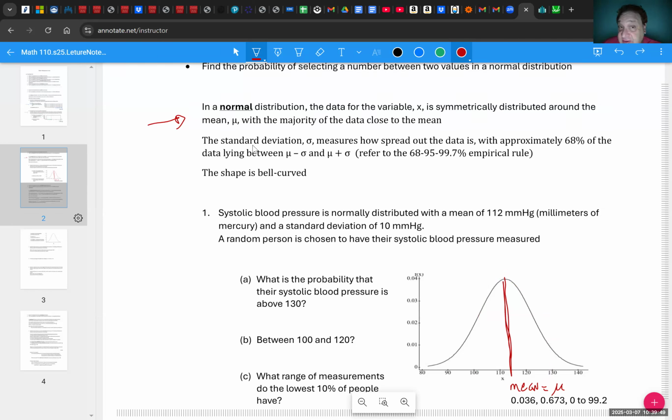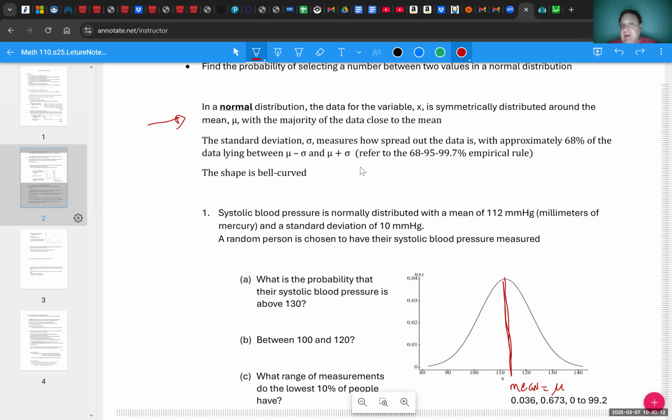The standard deviation, which is this little sigma symbol, measures how spread out the data is, with approximately 68% of the data lying between the mean minus the standard deviation and the mean plus the standard deviation. We call this within one standard deviation, and that was what we referred to as the 68, 95, 99.7% empirical rule.